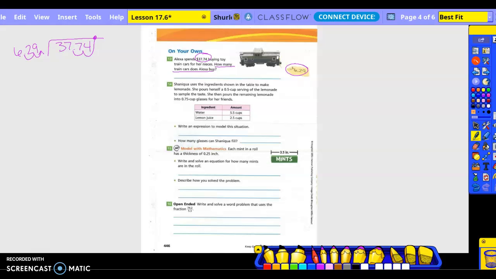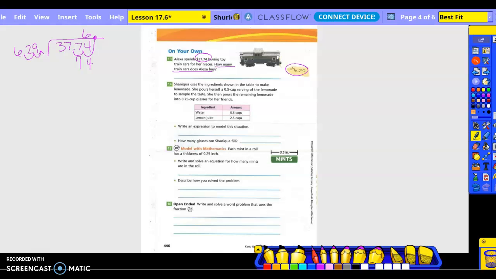Okay, let's try 6, and 6 times 9 ends in a 4. If it doesn't work, we can erase it, go back, right? Okay, 6 times 9 is 54. Put the 4, carry the 5. 6 times 2 is 12 plus 5 is 17. Carry the 1. 6 times 6 is what?